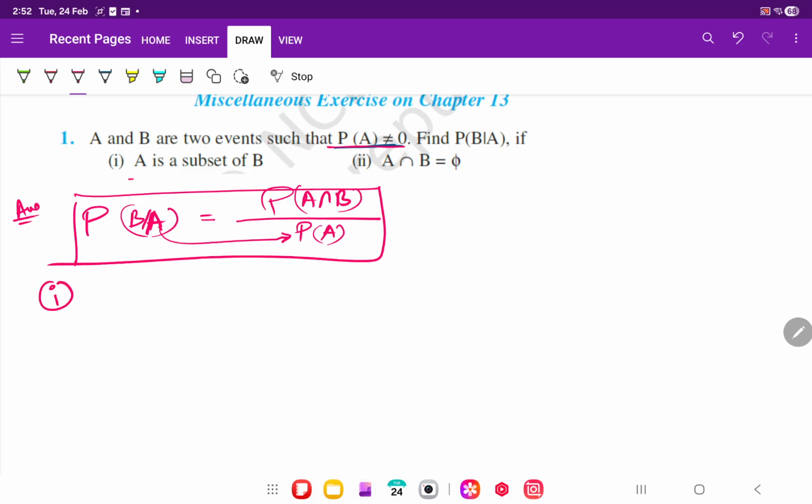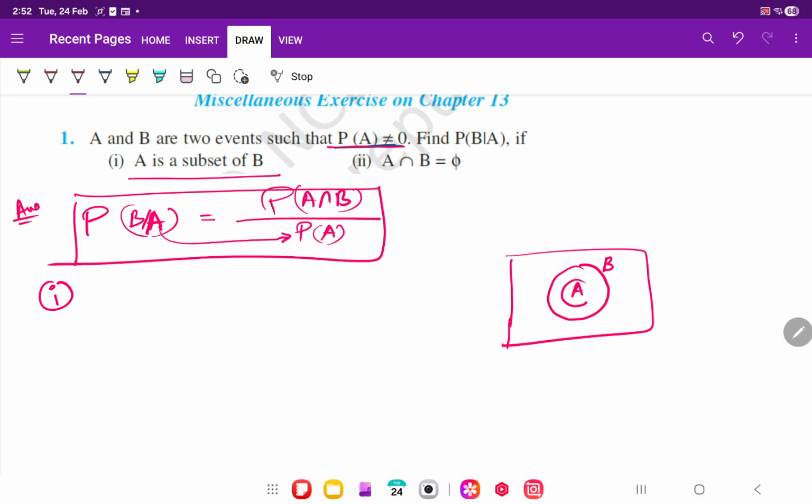Now in the first case they are saying A is a subset of B. A is a subset of B means inside B, A is sitting. So if I take A intersection B, what I will get is A only. Intersection means what is common to both, which is A only. So the probability of A intersection B will be the probability of A only.